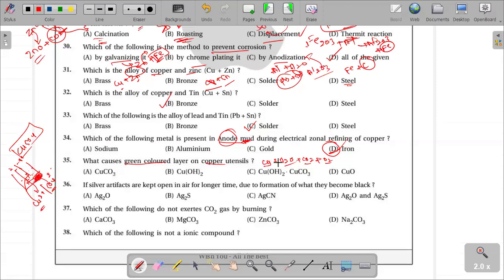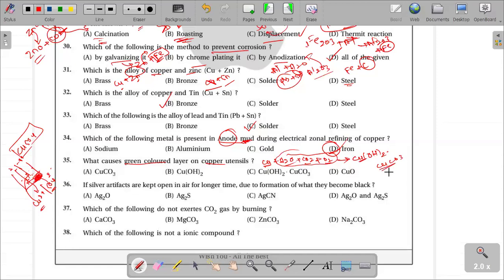Now the copper will react with these compounds. Then you will get two types of material. One is copper hydroxide, Cu(OH)2, and another one is CuCO3, copper carbonate. The copper hydroxide won't show any color, but copper carbonate will show the color.